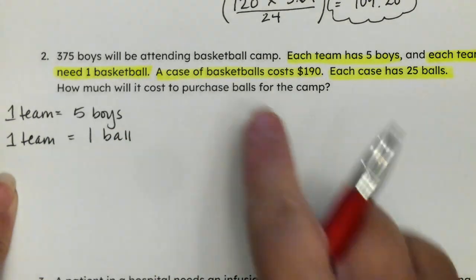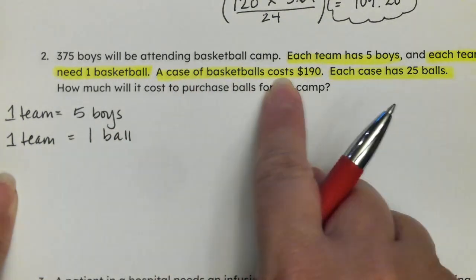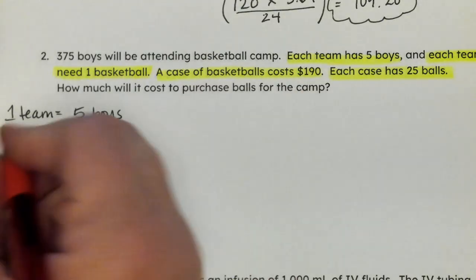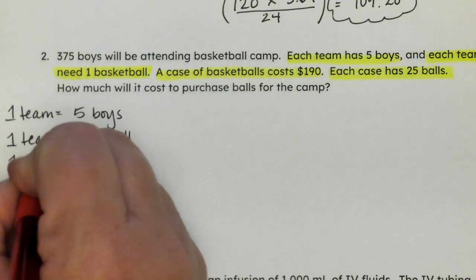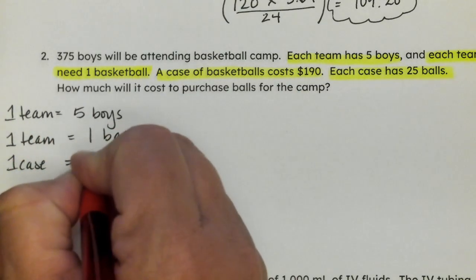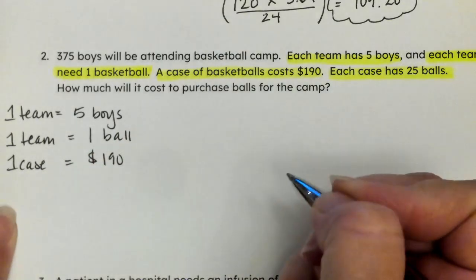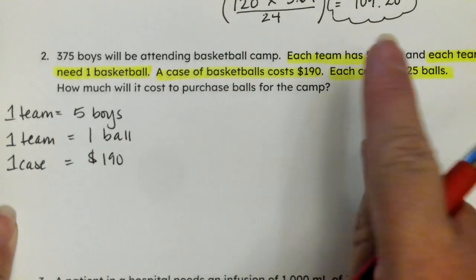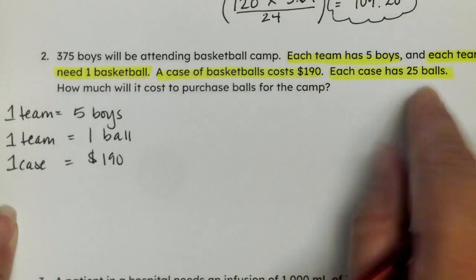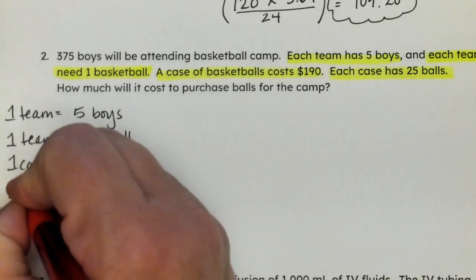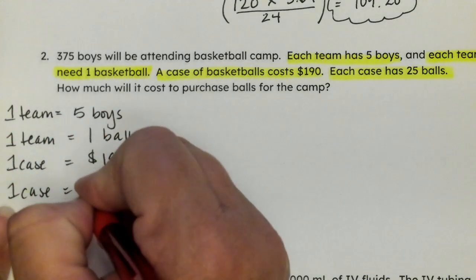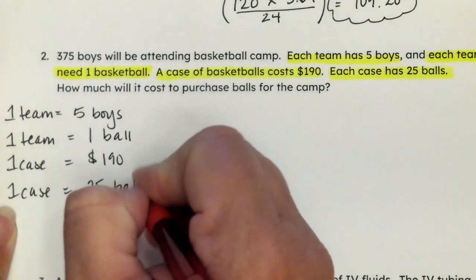Okay, and then a case of basketballs costs $190. So 1 case equals $190. And each case has 25 balls. 1 case equals 25 balls.